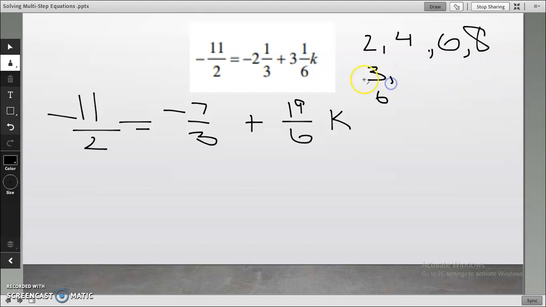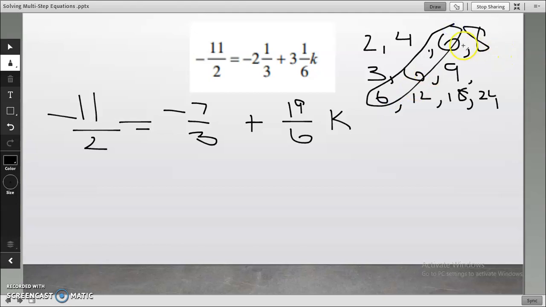The multiples of 3 are 6, 9, and so on. Multiples of 6 are 12, 18, 24, and so on. Well, the least number that all of these share in common is 6. So if I multiply everything, the entire thing, one big distributive, by 6, my fractions go away.